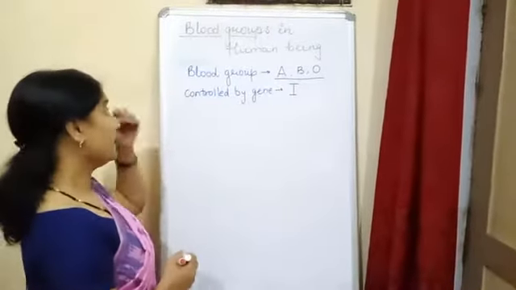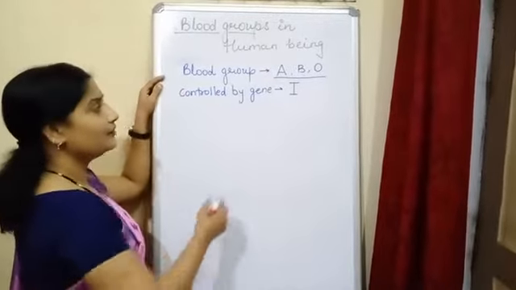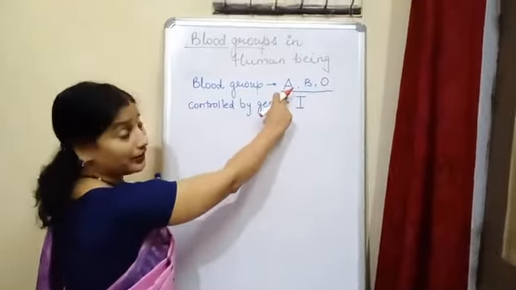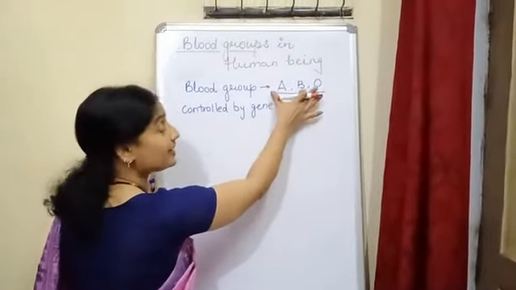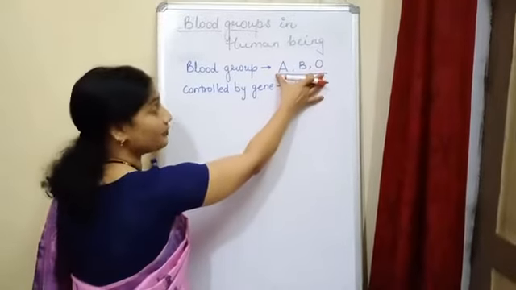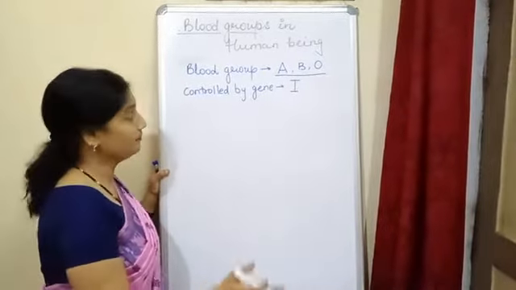Now see, in case of blood groups in human beings, we have these three types of blood group, that is blood group A, B and O. Actually, these are antigens. And if these antigens are present, then we can say that a type of blood group is there.